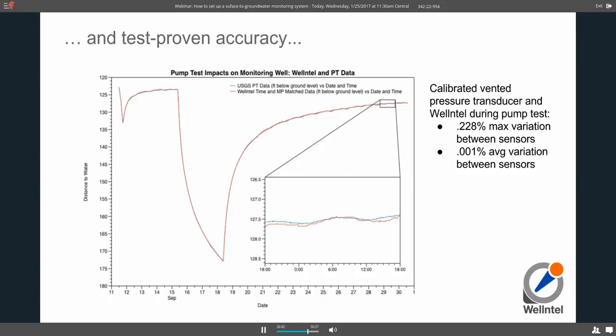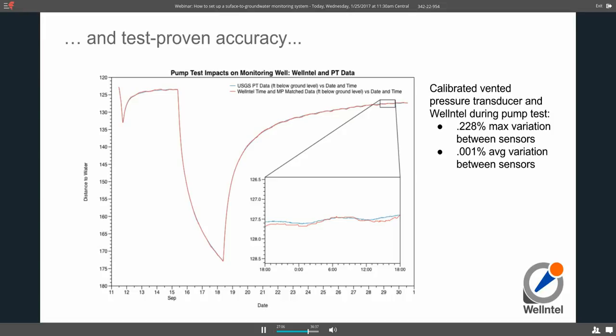And so without touching water, the comparison that you're seeing here, the red line is the Wellntel sensor output, and the light blue line is the USGS pressure transducer technology, and the two match up extremely, extremely close throughout the course of the test, which you can see takes place over almost a week, I believe.